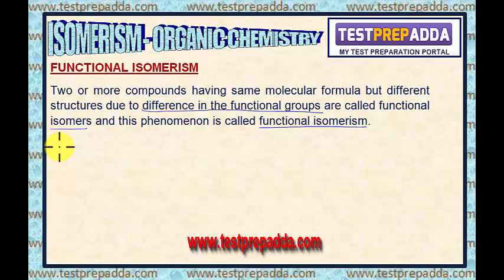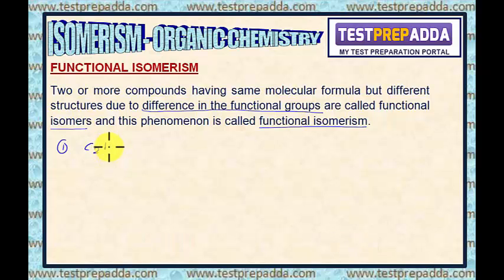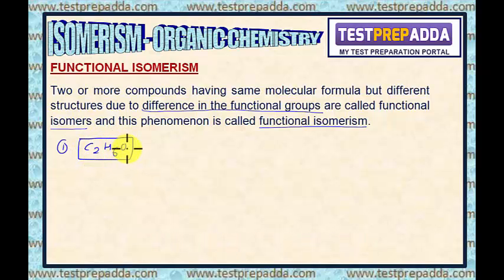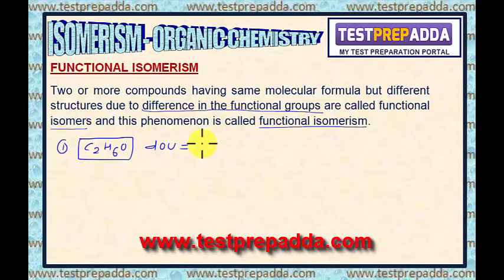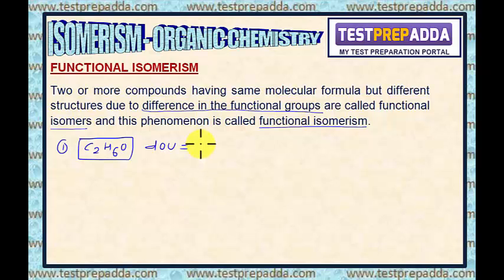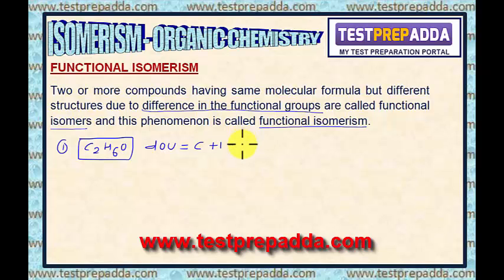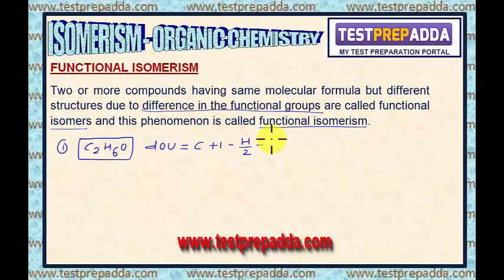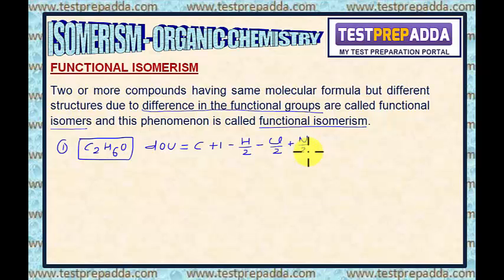For example, consider the molecular composition C2H6O. This is the molecular composition having carbon, hydrogen and oxygen. If I try to find the degree of unsaturation here, the formula we know is: number of carbon atoms plus 1 minus number of hydrogen atoms by 2 minus number of halogen atoms by 2 plus number of nitrogen atoms by 2.